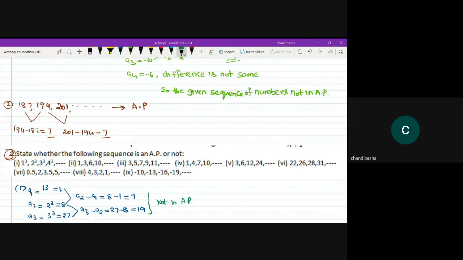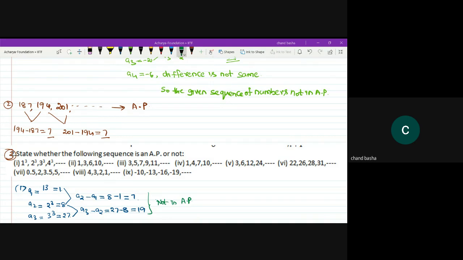Ritvik, the 7th one? Yes, sir. The 10th one, yes, sir. The 8th one is also yes, sir. What about the second one? Okay, very good.